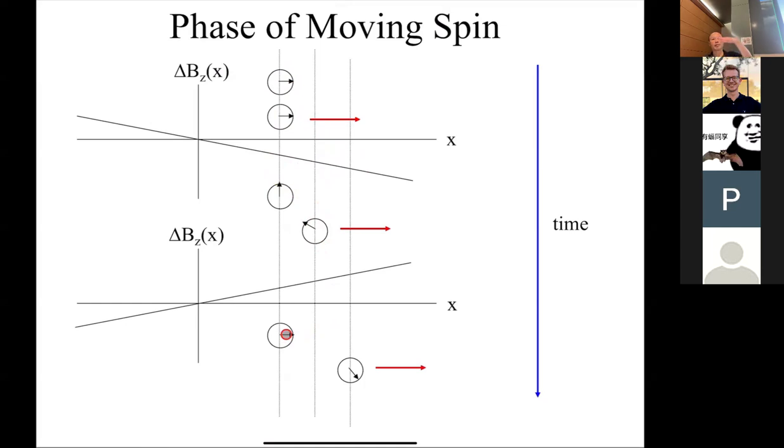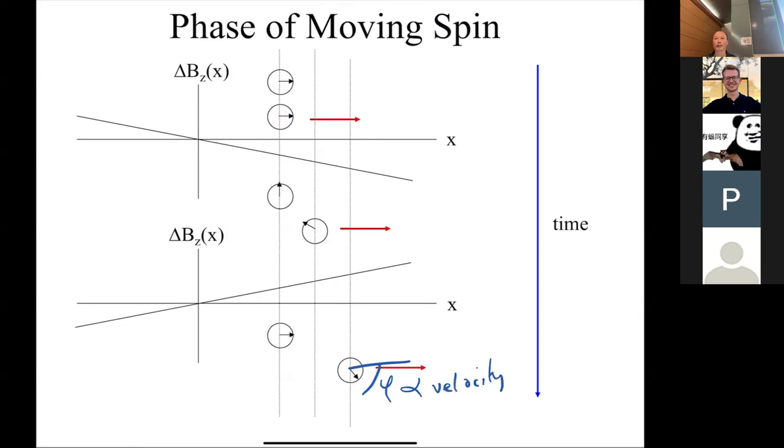Because it's spent the same amount of time being slower as it did being faster. So it gets perfectly refocused. This spin here, remember, it got slower, and then as it keeps moving into a stronger part of the gradient, it speeds up more than it needs to, and it overcompensates. Okay, so it overshoots its original position. And so now we see that this has some net phase, which is proportional to its velocity.